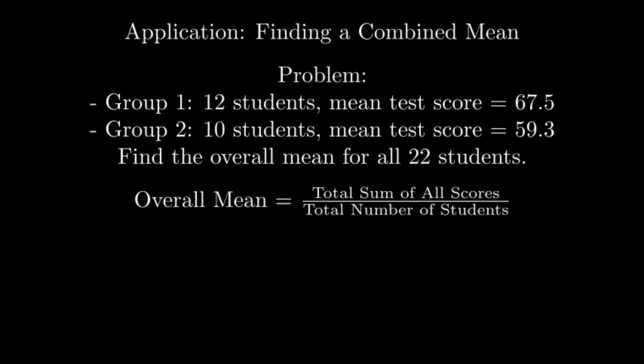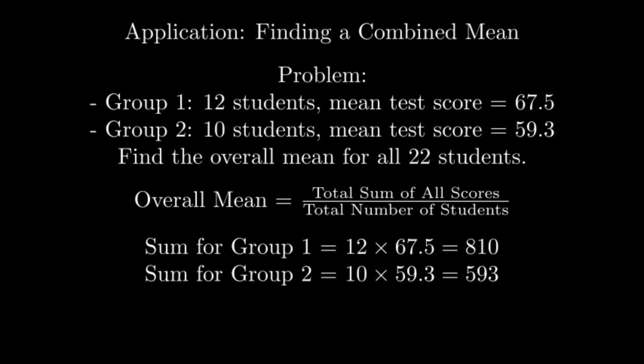The overall mean is the total sum of all scores from both groups divided by the total number of students. We can find the sum of scores for each group using the mean formula, sum equals mean times n. For group 1, the sum of their scores is their count, 12, times their mean, 67.5, which is 810. For group 2, the sum of their scores is 10 times 59.3, which is 593.